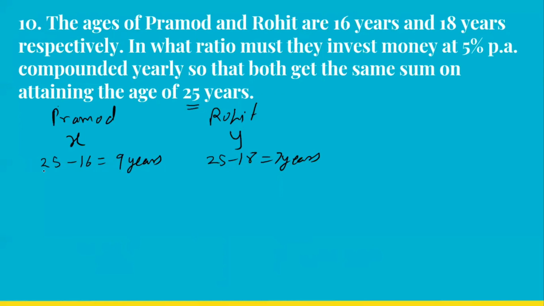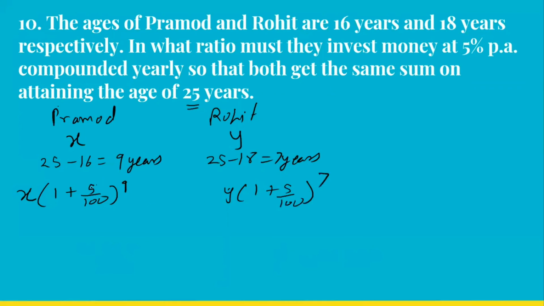So the amount for Pramod is equal to X, which is the principal, in bracket 1 plus R, that is rate of interest is 5% per annum upon 100 raised to 9. And for Rohit, it is Y in bracket 1 plus R, which is 5 upon 100 raised to 7. Right?